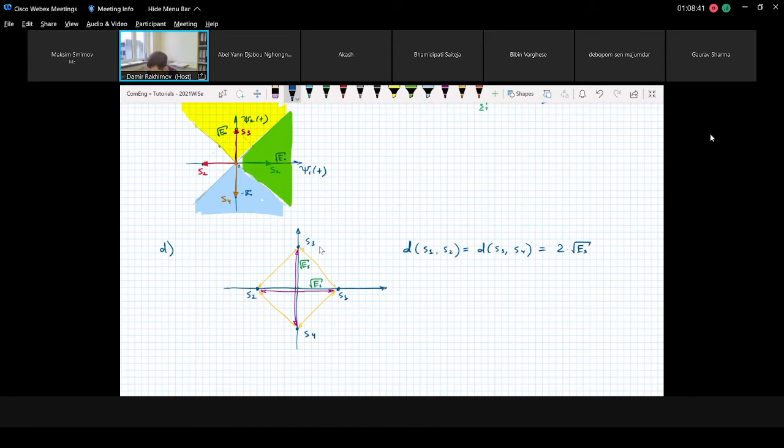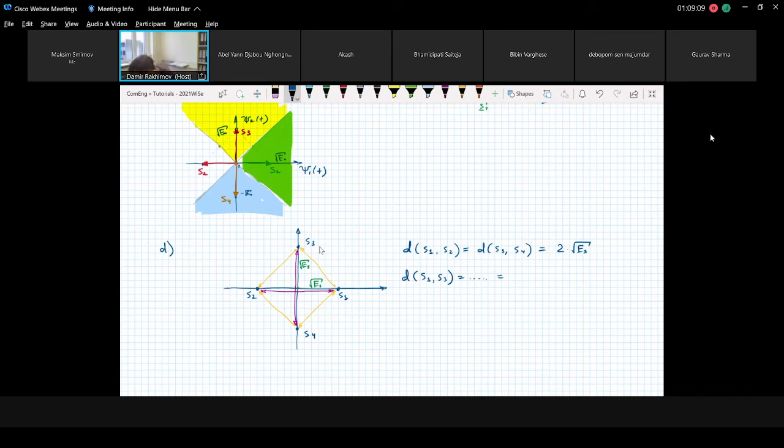For the distance S3 and S1, or all these connecting nearest points, S1 and S3, and then 3 other options, we can find it if we use the Pythagorean theorem and calculate this third side of the triangle.